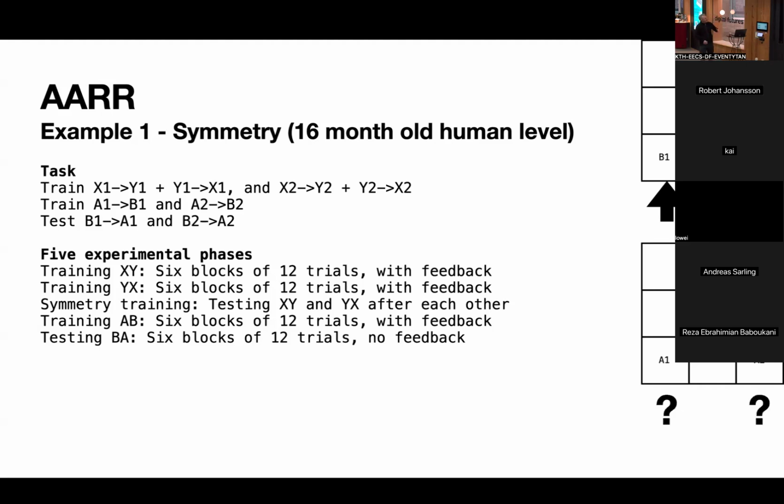Then, if it's trained to pick B1 in the context of A1, it can use the learned symmetry relation, this transformation of switching the sample for the comparison. This pattern of switching can be learned by ONA on this level.